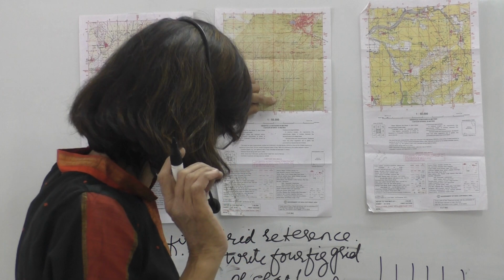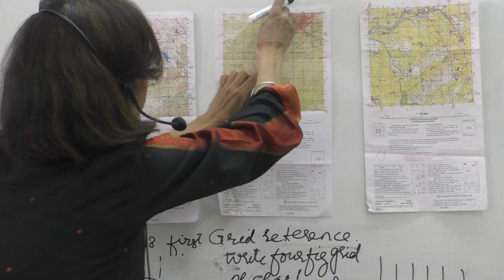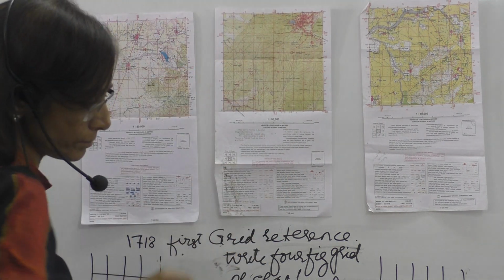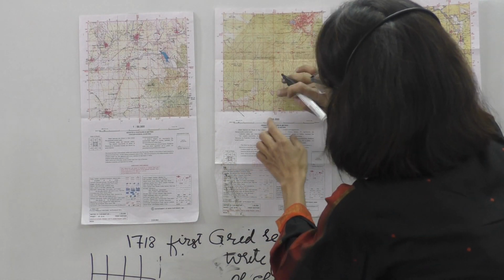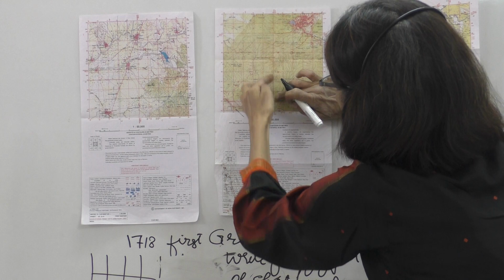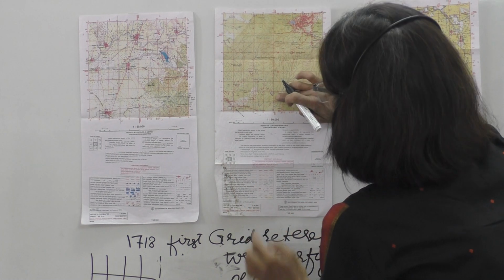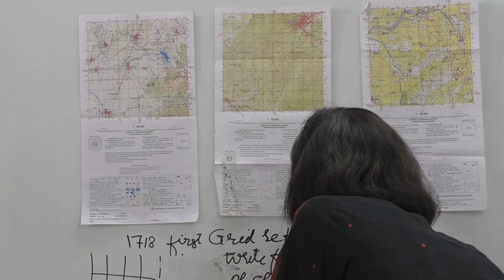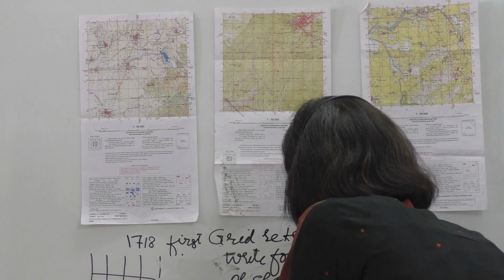It's here. You'll be writing the easting first. This is its easting. The object is here. You're writing first the easting, 20, and then you're writing the northing value, 03.